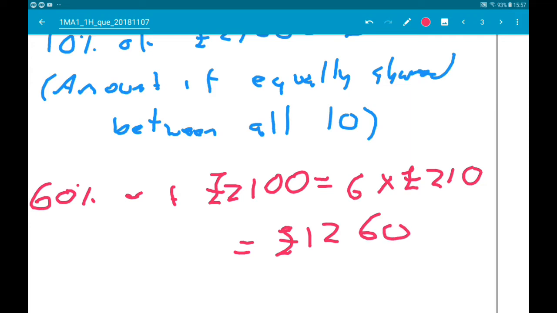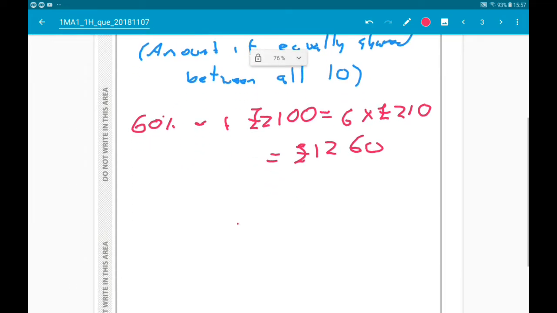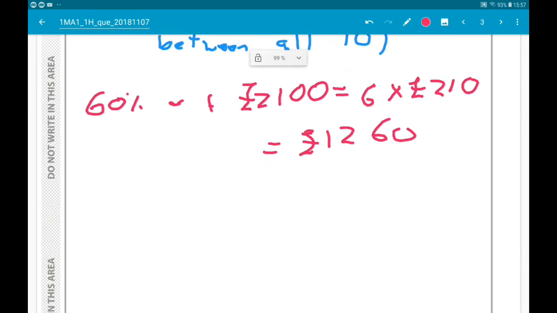Now, to work out how much one salesman gets, we now need to divide that by 7. So, each salesman gets 1,260 divided by 7.